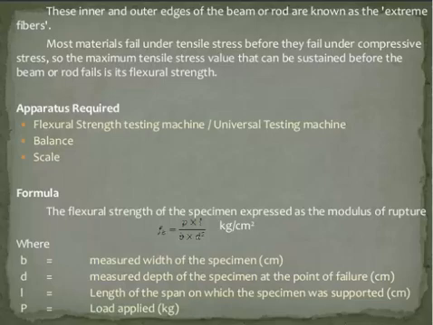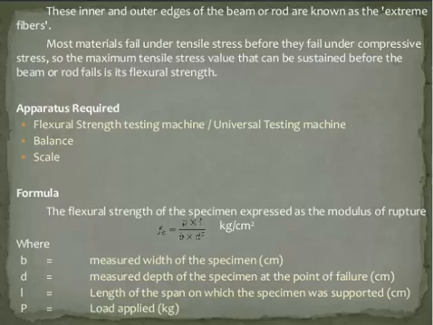Students, in our institute, we have the flexural strength testing machine, which is attached to the compressive strength testing machine. Samples are not tested in the compressive strength testing machine directly, but the arrangement is attached in such a manner that when you place the specimen in the flexural strength testing machine, the dial gauge, the loading conditions, and the digital output are associated with the compression testing machine.